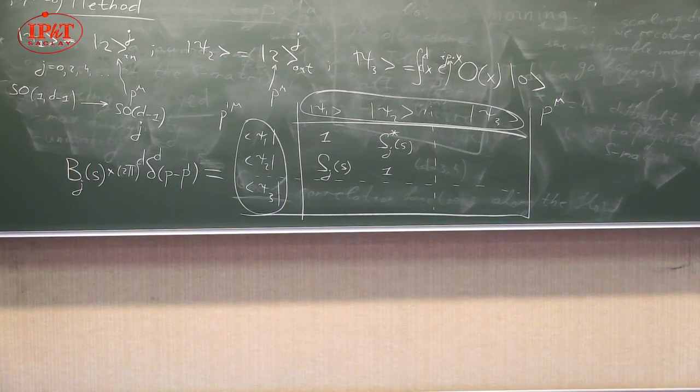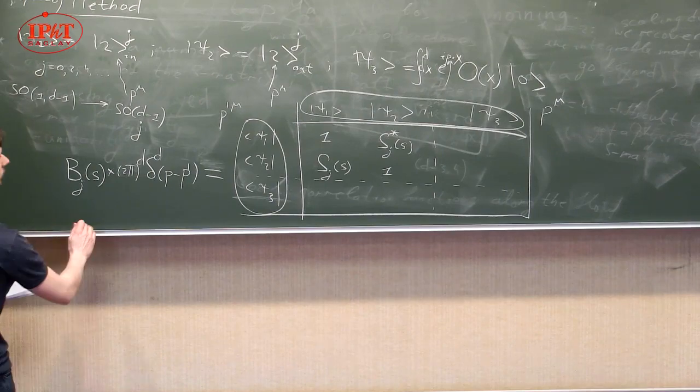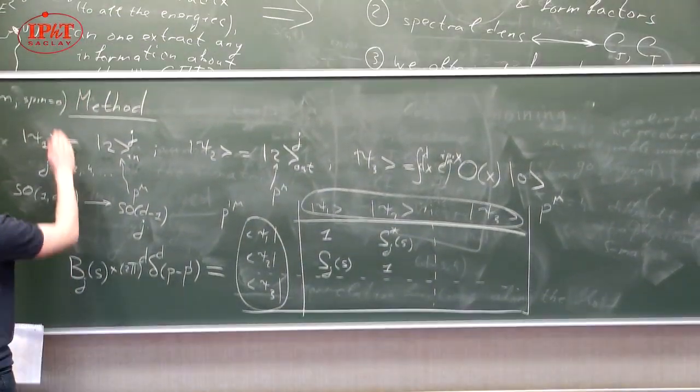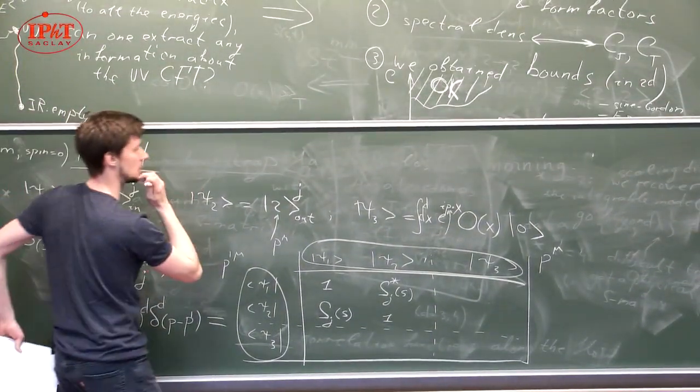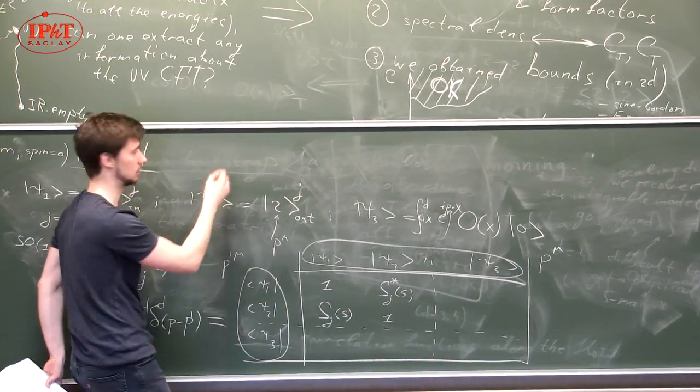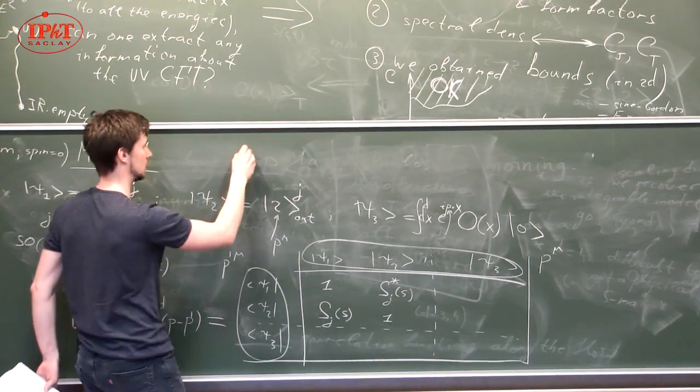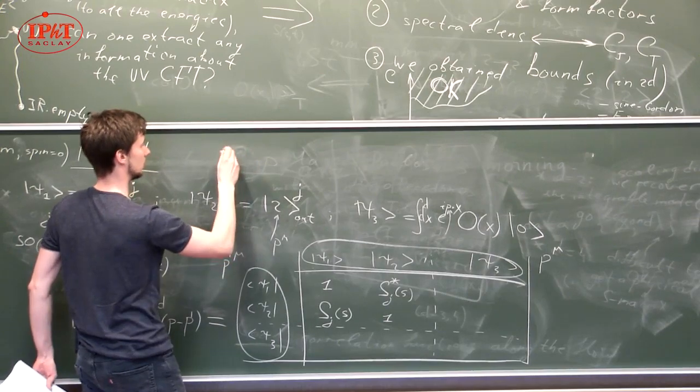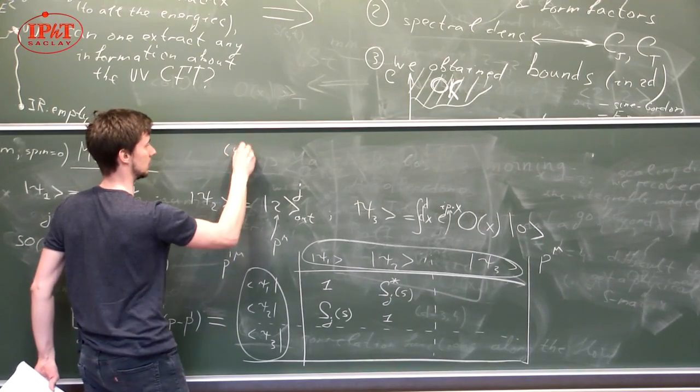Okay. Why does this j depend on T? It's the definition, so let me define it. How is it related to, let's say, in 4 dimensions for simplicity?